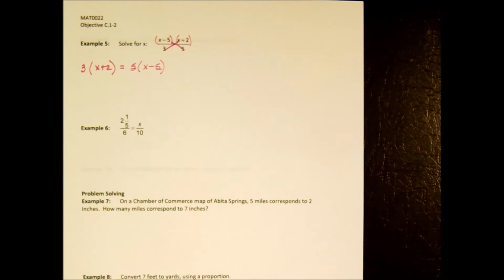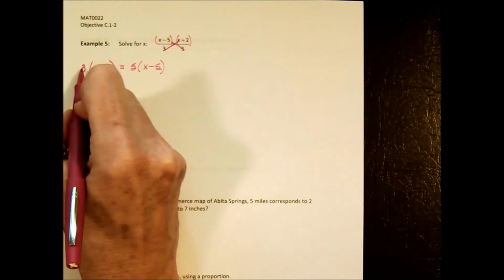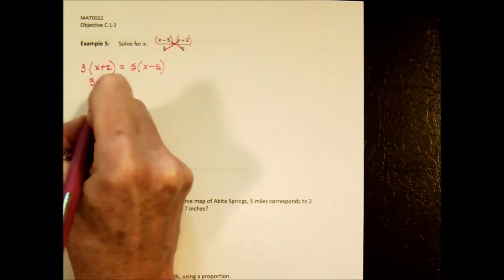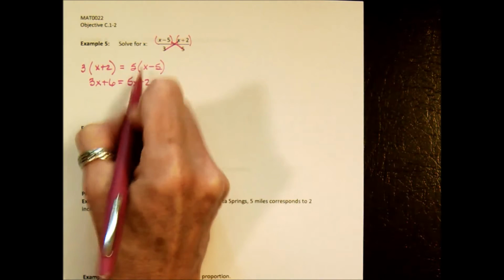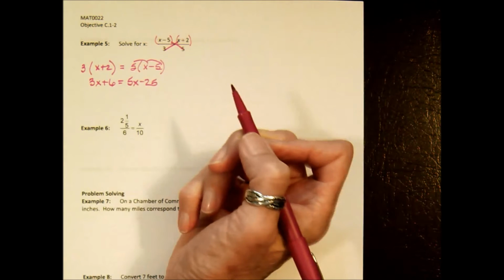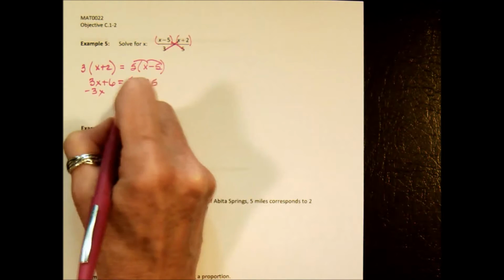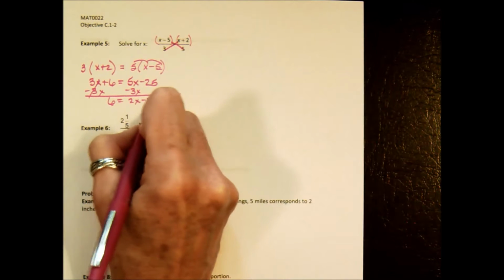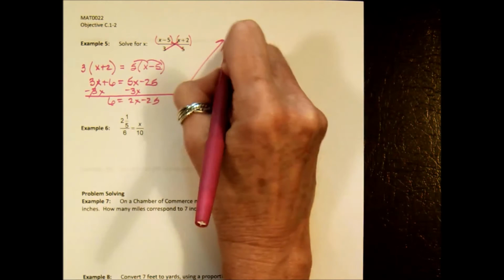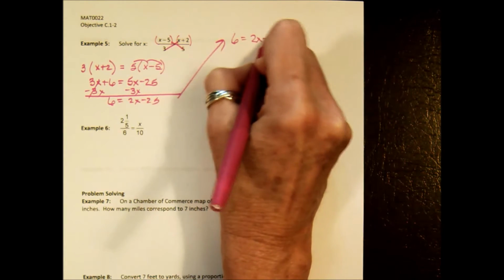Now I'm going to solve it like a regular equation. So distribute: 3x plus 6 equals 5x minus 25. Get variables on one side and numbers on the other since there's no like terms to combine. 6 equals 2x minus 25.